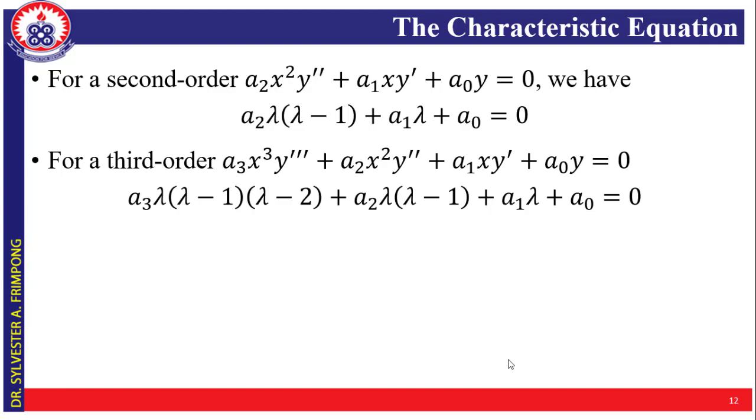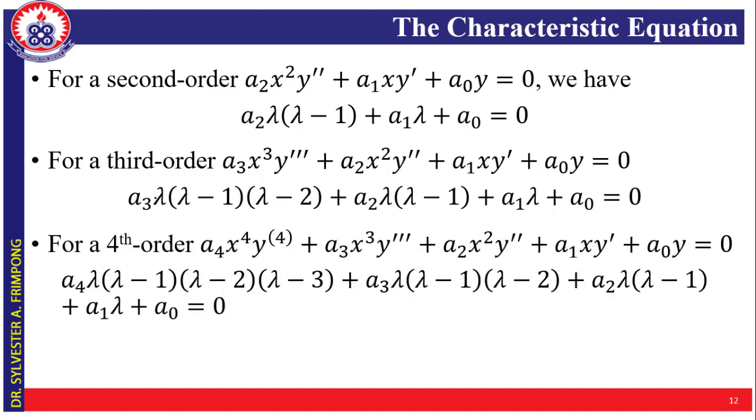For a third order, you're going to have a3 x cubed y triple prime plus a2 x squared y double prime plus a1 x y prime plus a naught y. If you use the same approach, the transformation for the Cauchy-Euler equation, you're going to get the characteristic equation a3 lambda (lambda minus 1)(lambda minus 2) plus a2 lambda (lambda minus 1) plus a1 lambda plus a naught. If you do for the fourth order, this is what you're going to get.